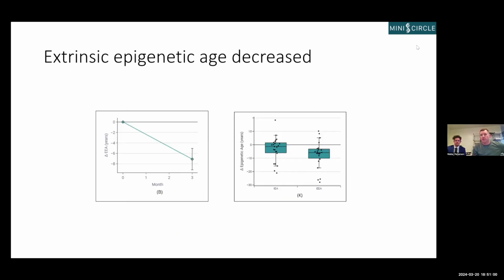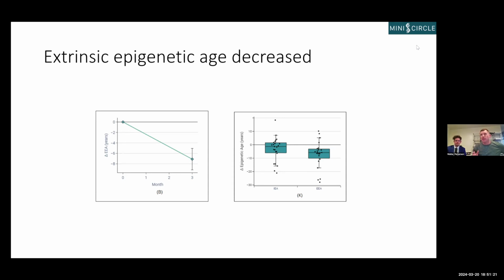Another good finding was that extrinsic epigenetic age decreased. We partnered with True Diagnostic and looked at intrinsic and extrinsic epigenetic age measured via DNA methylation, estimated telomere length, and Dunedin pace rate of aging.